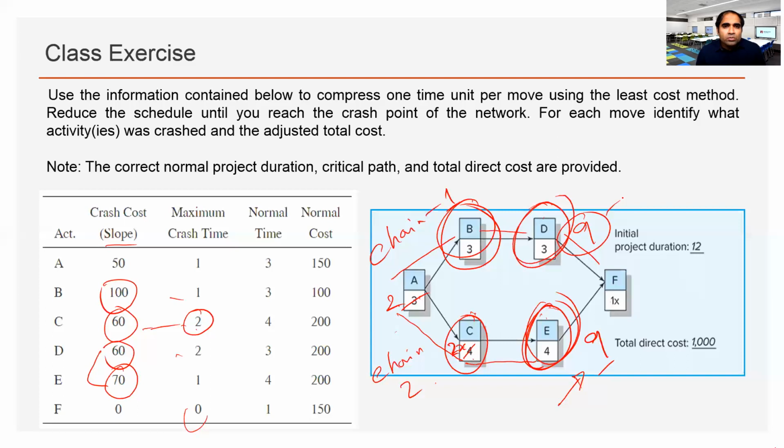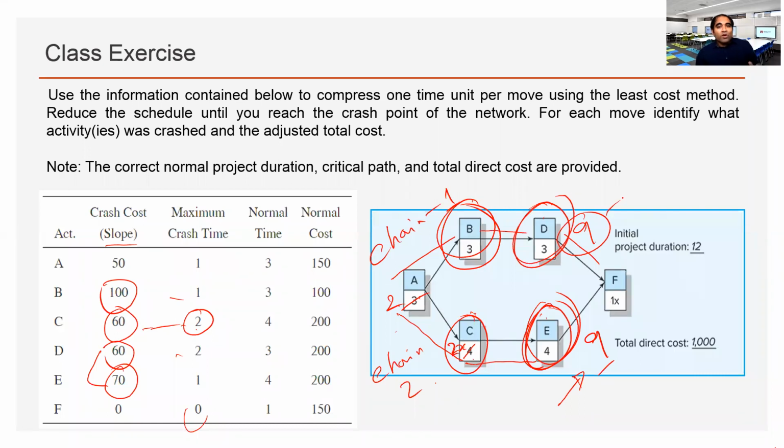Okay, so if we haven't reduced B, still we go for D. The sequence doesn't seem to be.